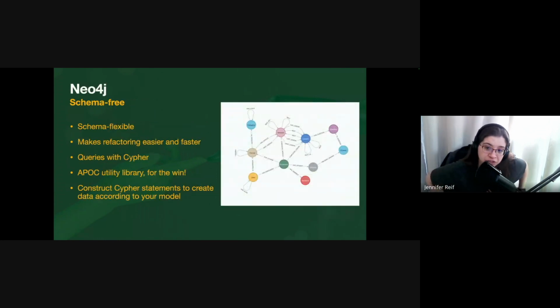Okay, so Neo4j. It is what Neo4j terms a lot as schema free, or I like to think of it as schema flexible. You have a schema, but you're not forcing a schema.